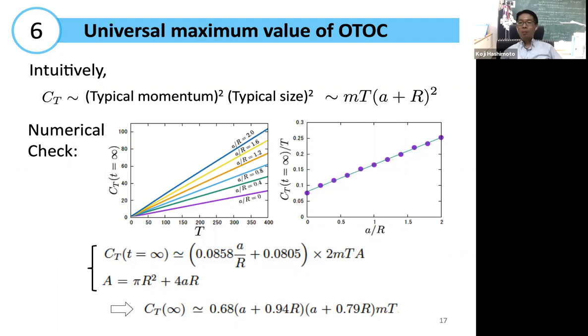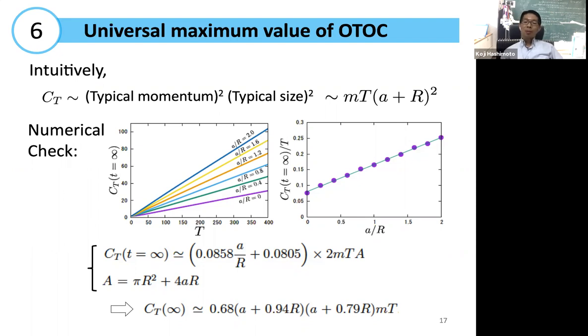And in our case of stadium billiard, the typical size is of course like (a plus r) squared. A is the length of the parallel part of the stadium, and r is the radius of the circular part of the stadium. So it's roughly a plus r, and the system size is a plus r. And also, what is the typical momentum? The typical momentum is given by typical energy, and typical energy is given by temperature.